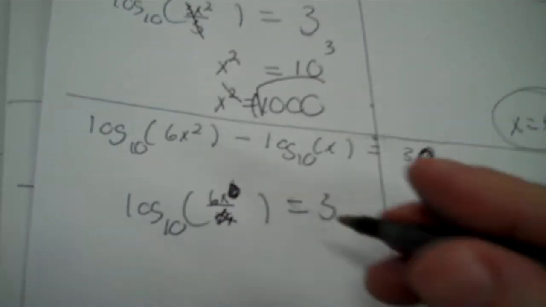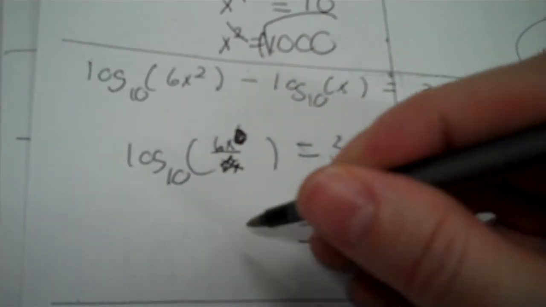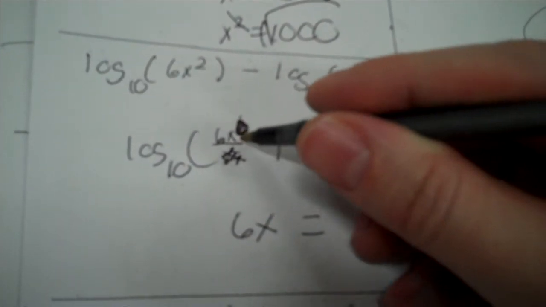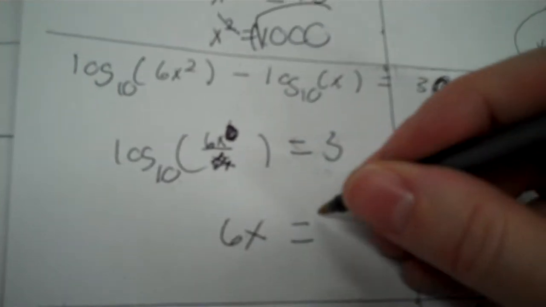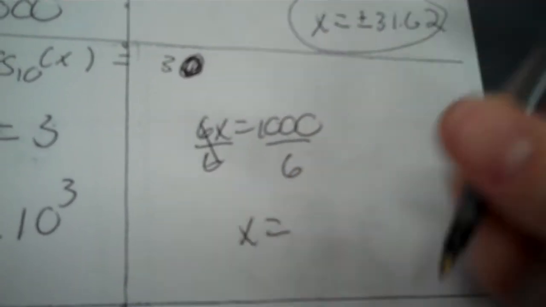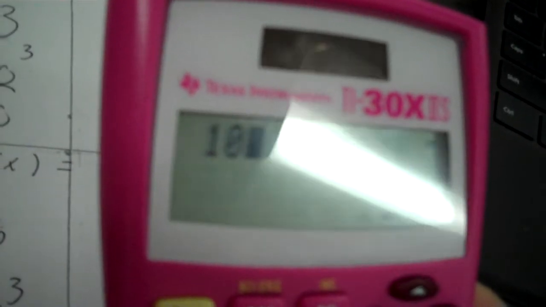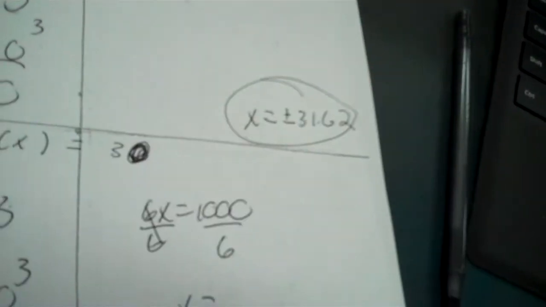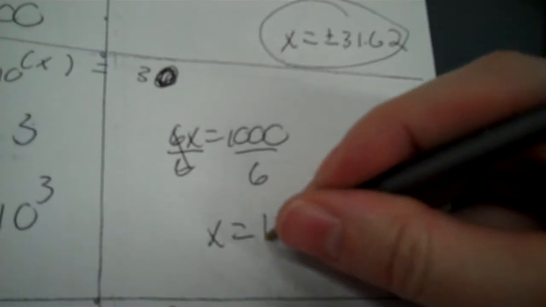So I have 6x, that goes here, 10 to the third power. That's 1,000. $166.6 repeating.